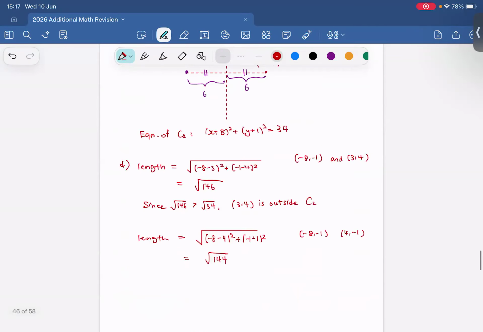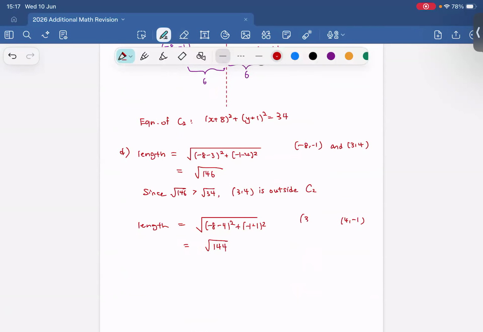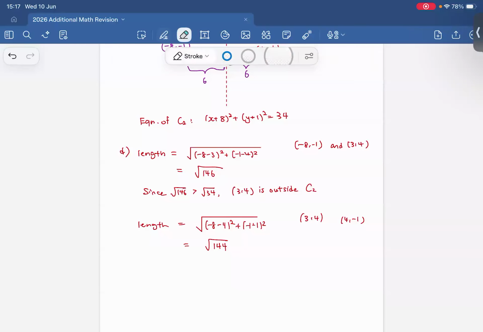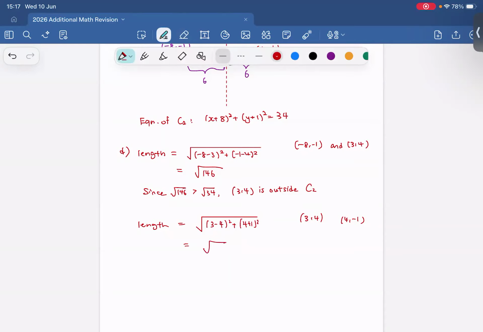Not (-8, -1), sorry, (3, 4). Square root 26.